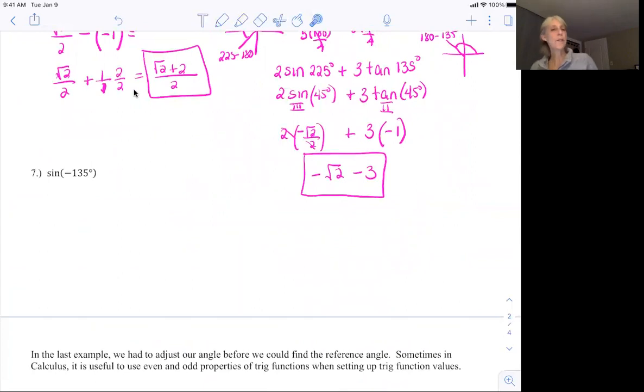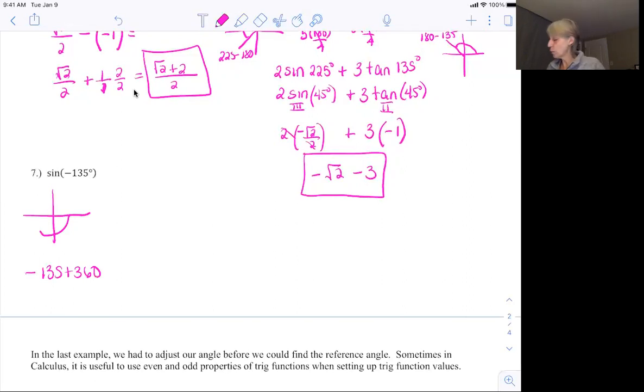Sine of negative 135. Okay, now let's talk about this. The sine of negative 135, we could do a couple different ways. Basically, when we open up in the negative direction, we're opening up here. Some of you may find it easier to adjust your angle. And we know we can do negative 135 plus 360.